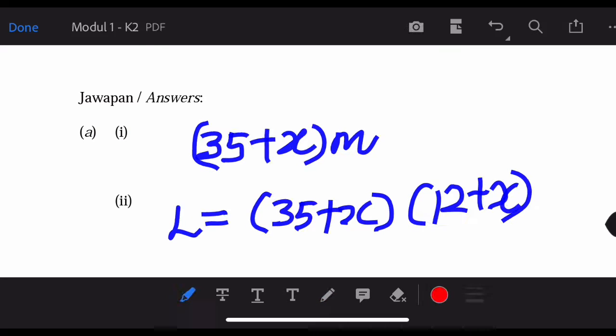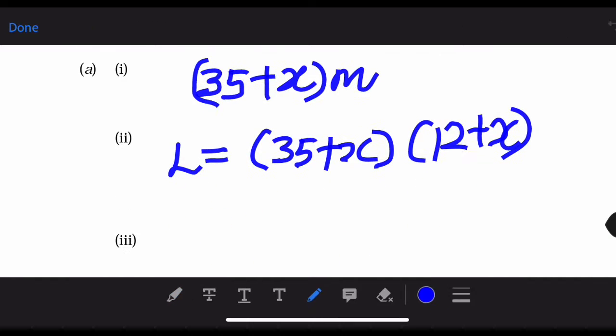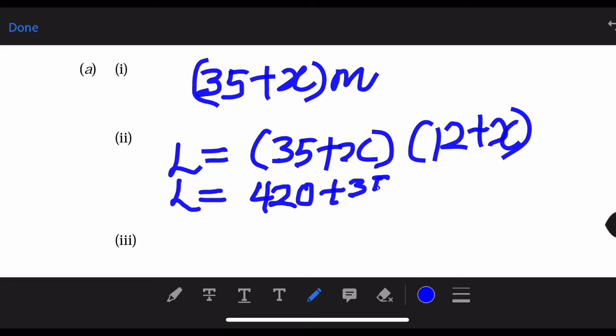Now you need to do the expansion carefully. So L is equal to 420, if you press the calculator, plus 35x plus 12x plus x squared.